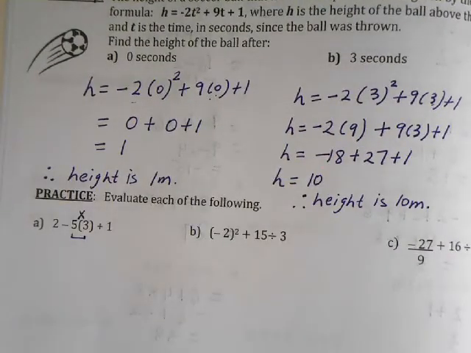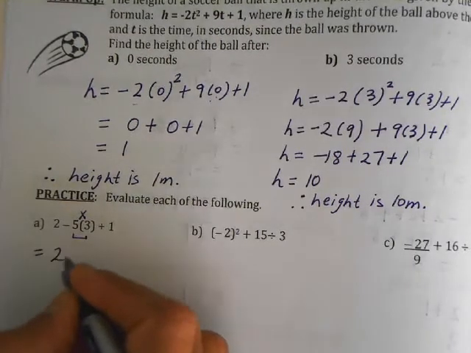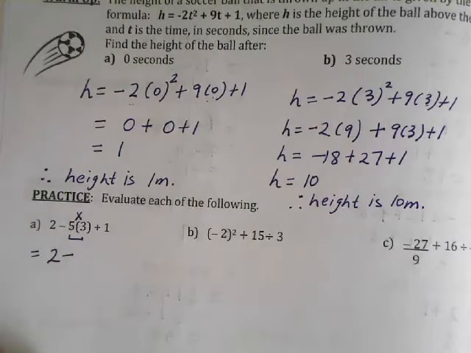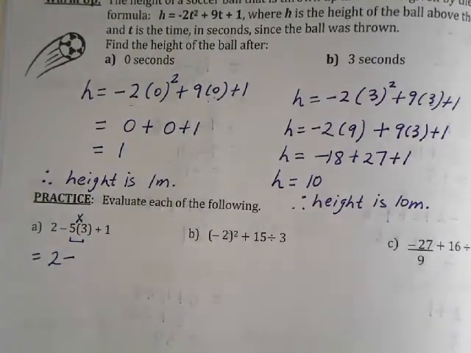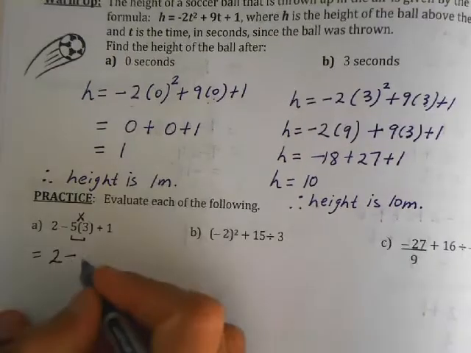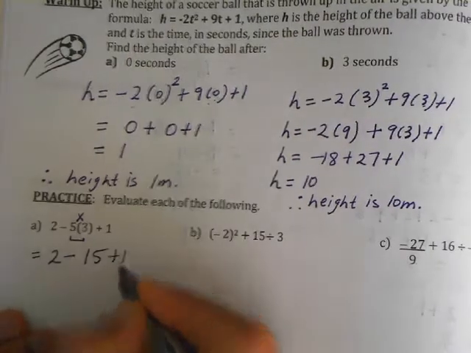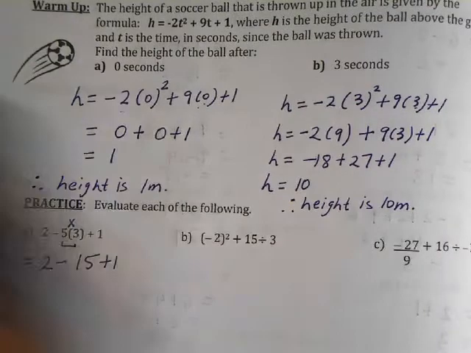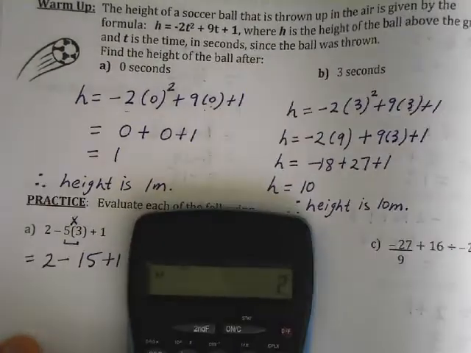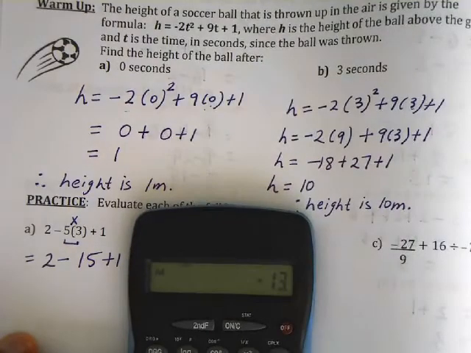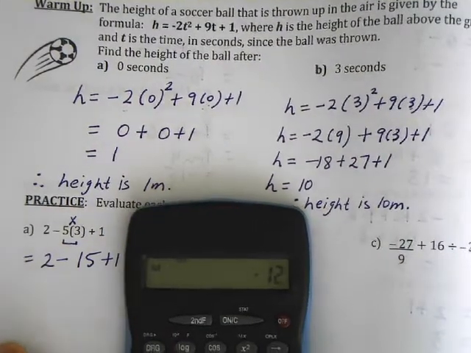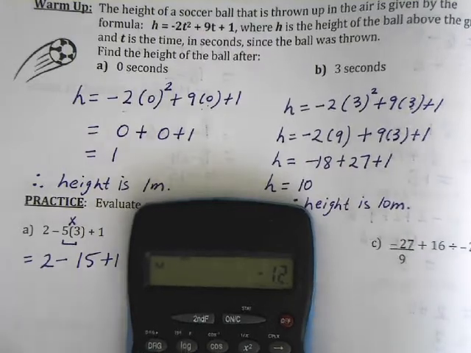So what's 5 times 3? 15. Okay. And then since it's only plus or minus, I'm going to just use my calculator. 2 minus 15 plus 1. And always check your answer, because it's negative 12.